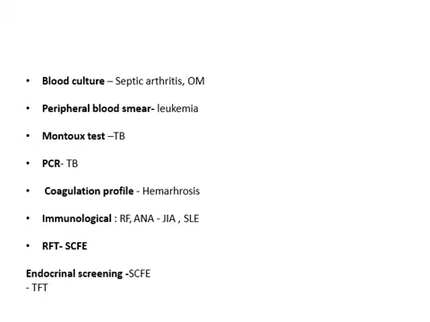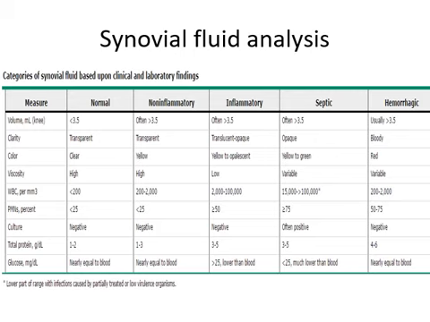Blood culture can be used as well, all this for infection detection, and the coagulation profile. Sometimes if you have hemophilia and there is hemarthrosis of the knee, it can be detected by lab as well. One of the methods to evaluate the limping is to aspirate the knee and analyze the synovial fluid.